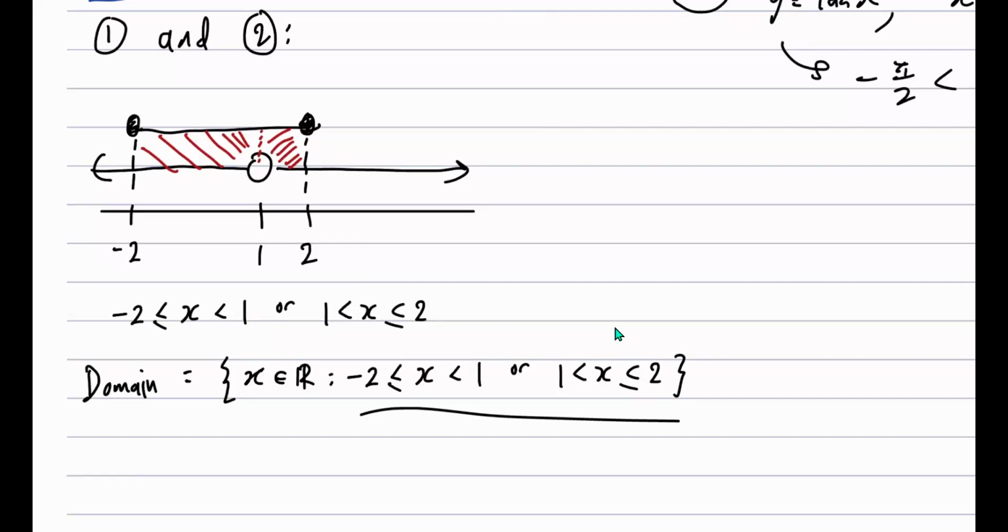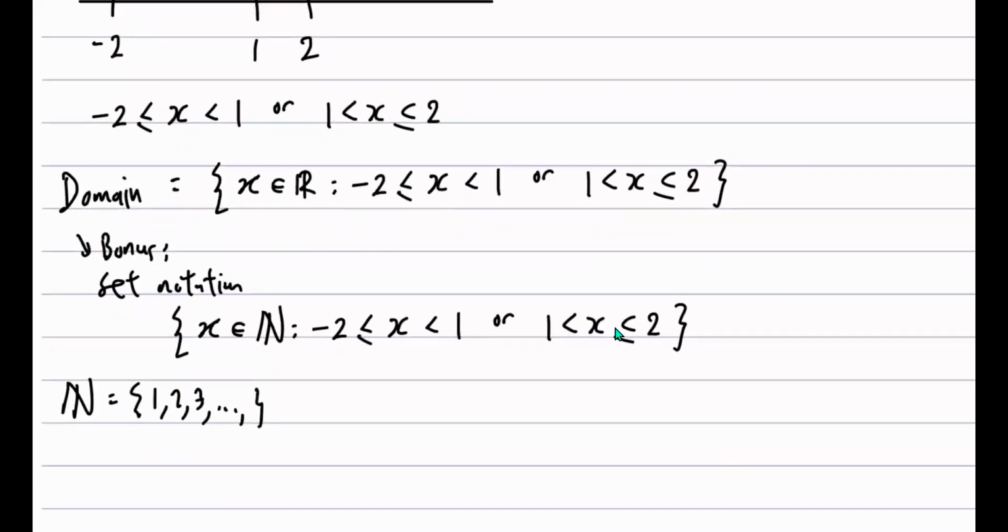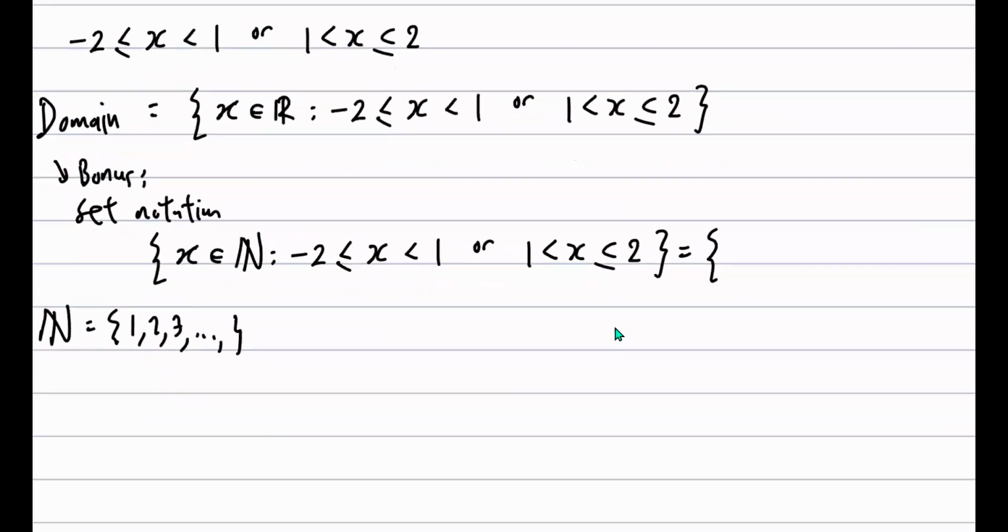Oh, by the way, let's say an extension, just a bonus on set notation. What if I tell you this, but I change the R there to N? This is the set of 1, 2, 3, 4, all the way. What would this set be equal to? What's inside the set?